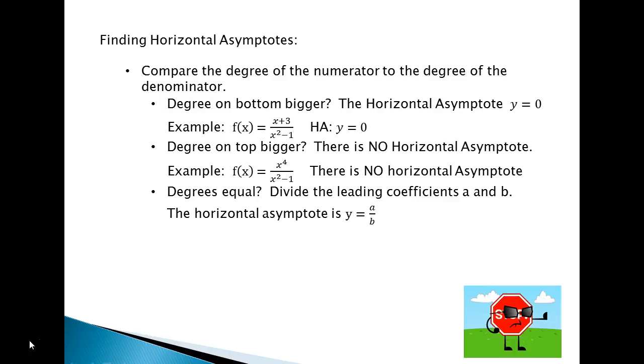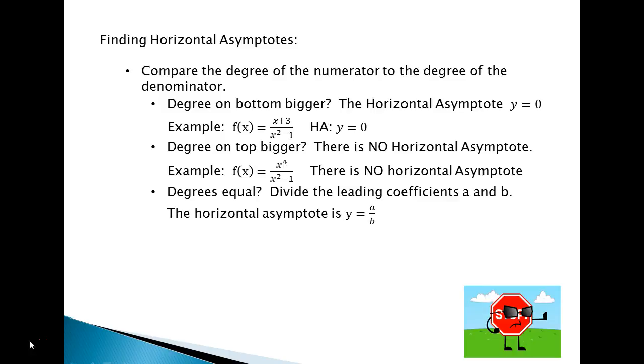Asymptotes are lines, and so they must be written as equations. For example, in this example, we see that the degree in the denominator is 2. The degree in the numerator is 1. If there is no exponent on the variable, then it has an exponent of 1. Therefore, this horizontal asymptote is y equals 0.